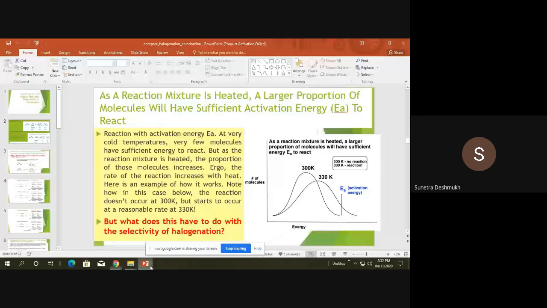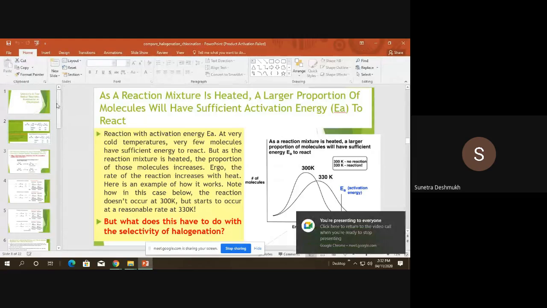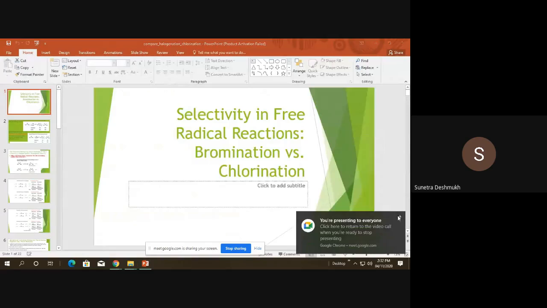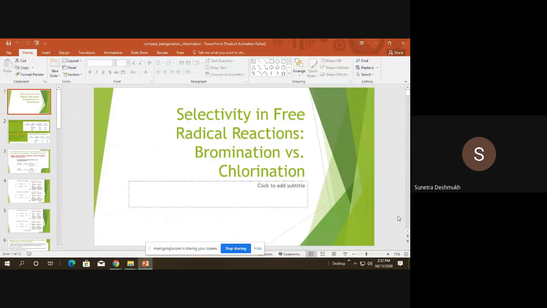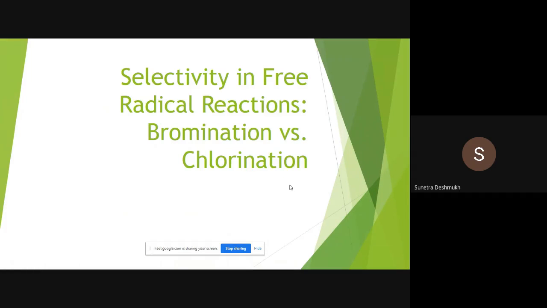Okay, so today we will see the new topic about the selectivity in free radical reactions, bromination versus chlorination. And in the last lecture, we have seen how we carry out the selective bromination by using N-bromosuccinimide. Okay, so in these reactions, we cannot use concentrated bromine for the bromination.